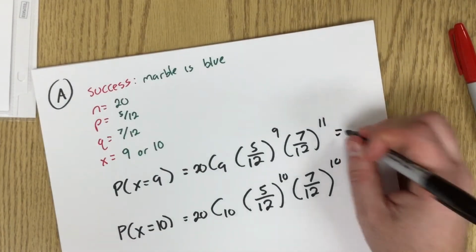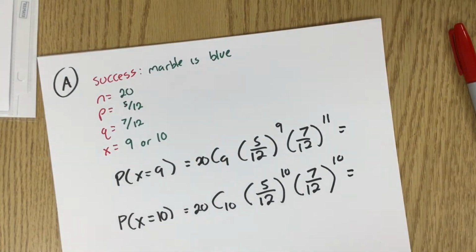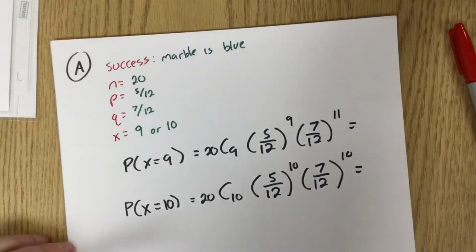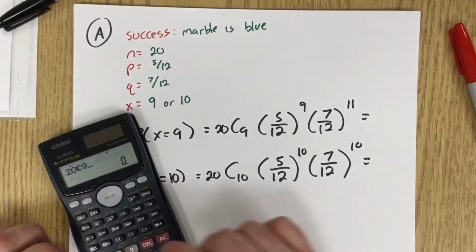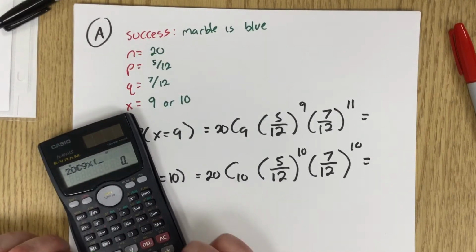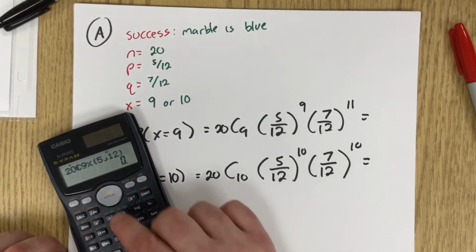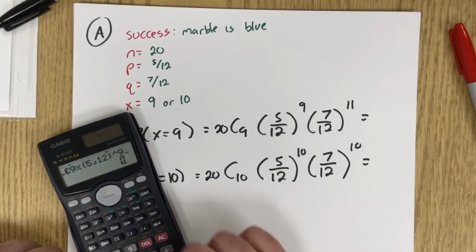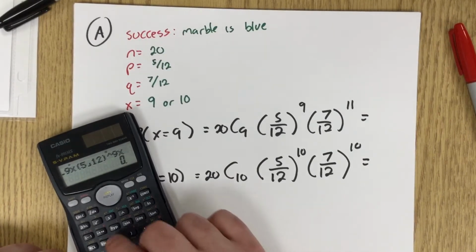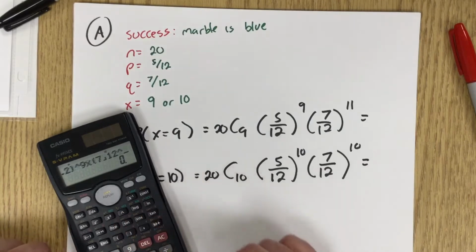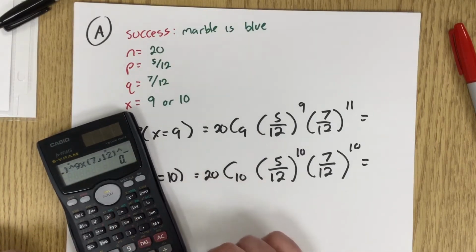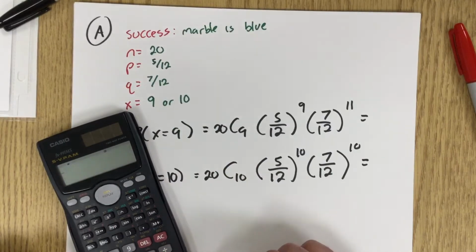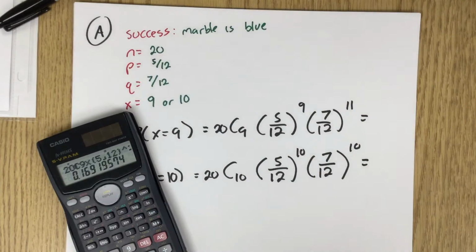And so what do we get for each of these? We get to use our calculator. So it's going to be 20 choose 9 times 5 on 12 to the 9 times 7 on 12 to the 11. The calculator struggled a bit there. That was a serious calculation.